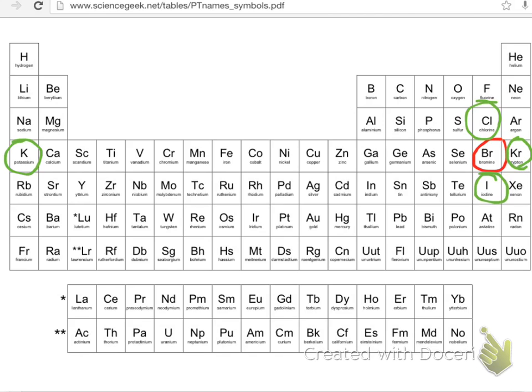In every case, you're comparing above and below it in the group, and left and right in the period. So if we start from the back and start with krypton, we know that atomic radius decreases, radius goes down as we go this way. So we know that krypton is going to have a smaller radius than bromine, yeah?